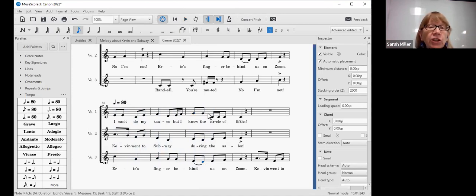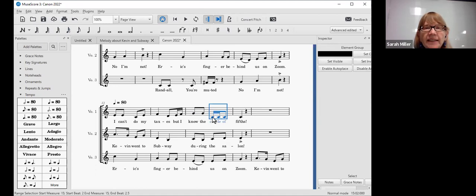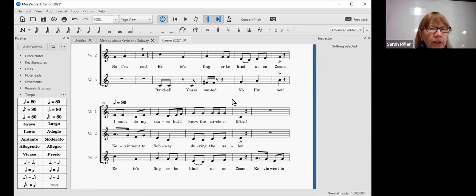Can we keep the G? Possibly. Our protagonist. Now we could make one of them a neighbor tone. Know the circle of, right?